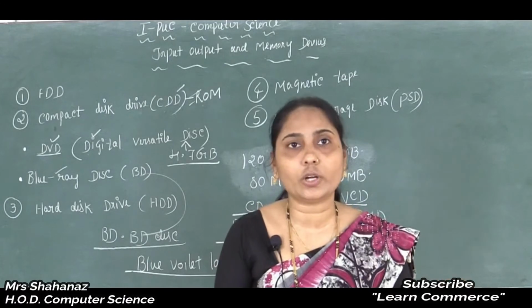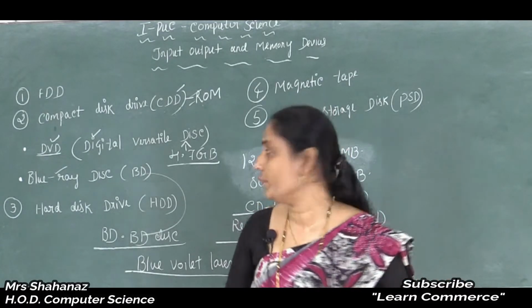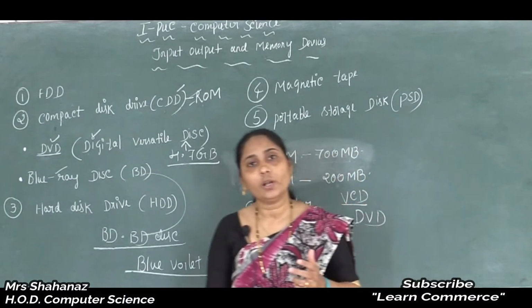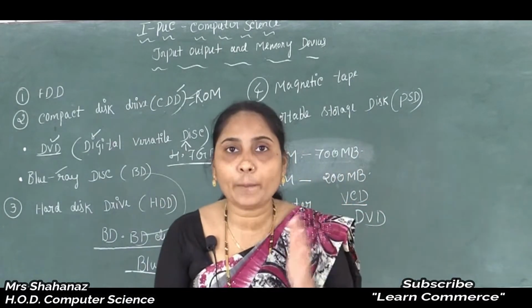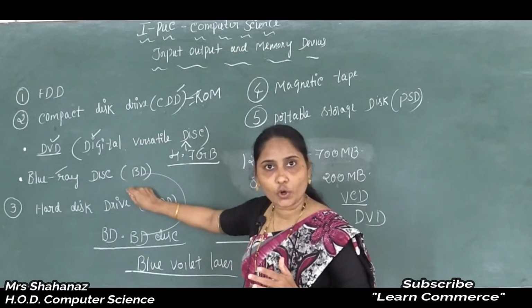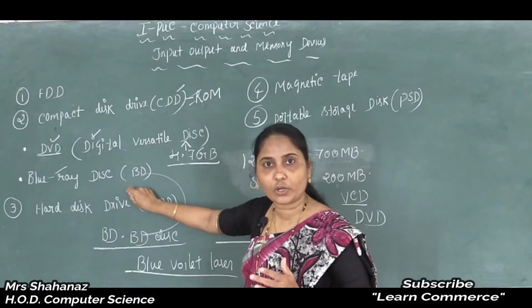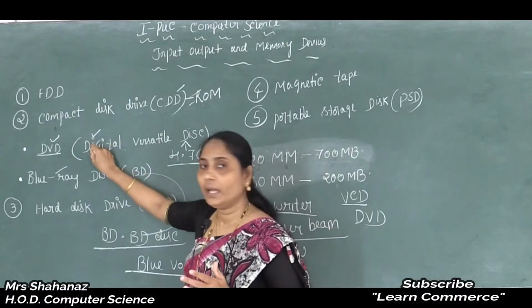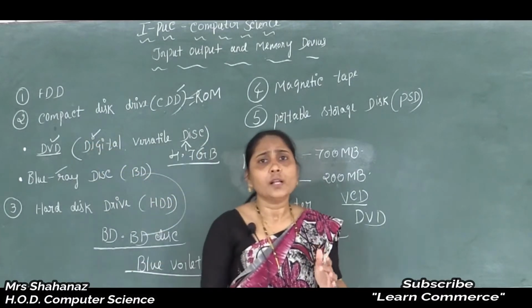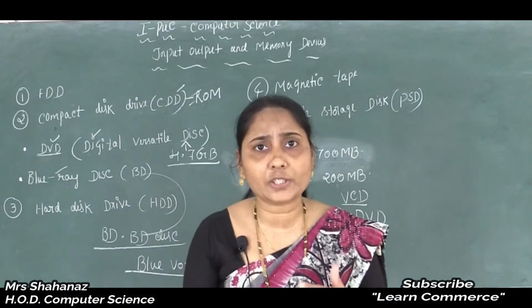So when you compare, more data can be stored on a Blu-ray disc as compared to a DVD. Is this point clear? We can store a lot of information compared with a digital versatile disc.